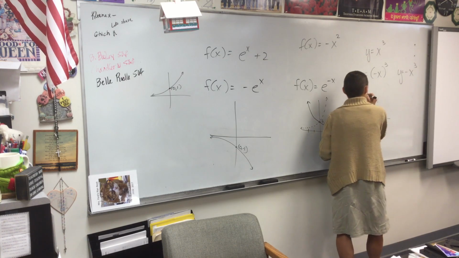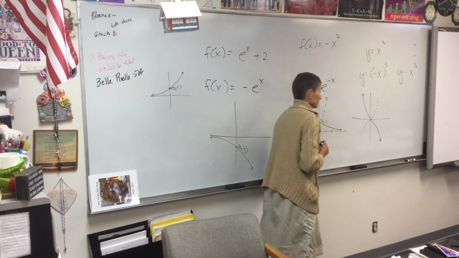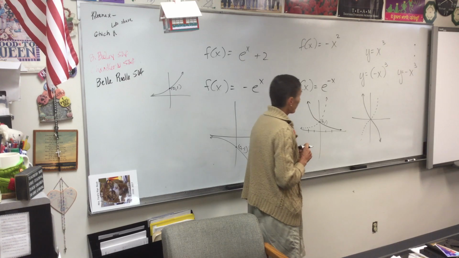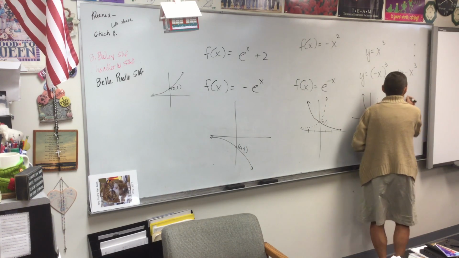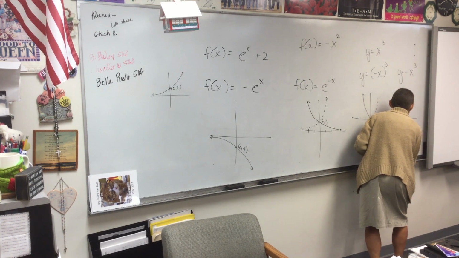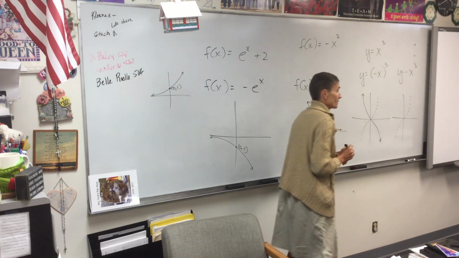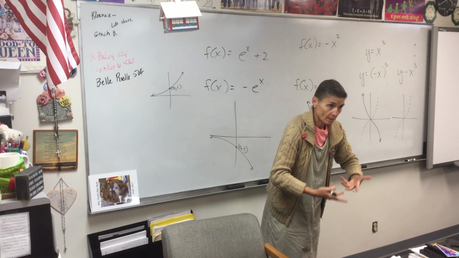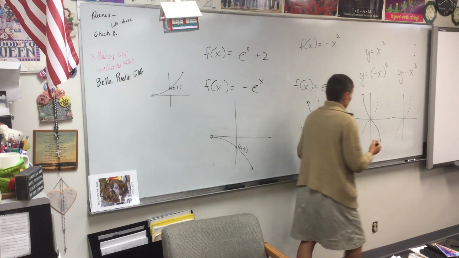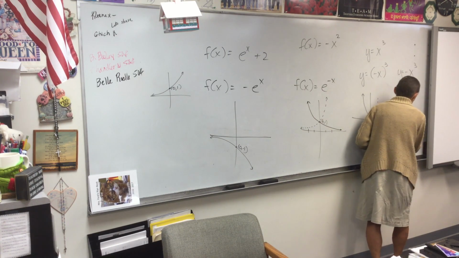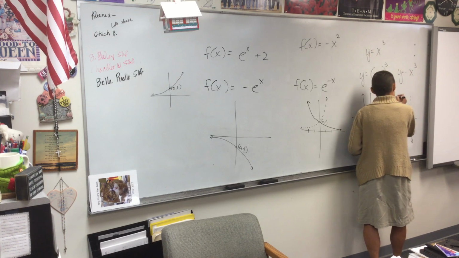Would everyone agree with that? All right. What does this one do? I'm going to dash in my original. What does that one do? Turns you upside down. So this guy would end up looking like that, and this guy would end up looking like this.